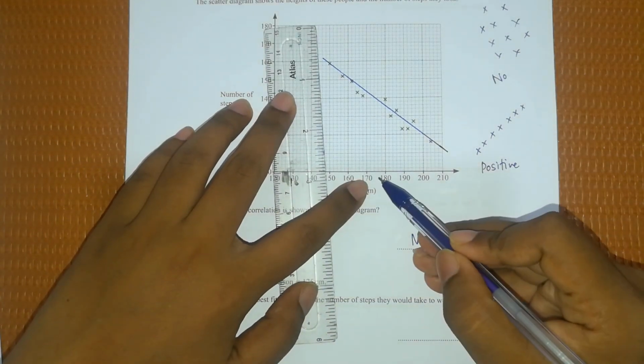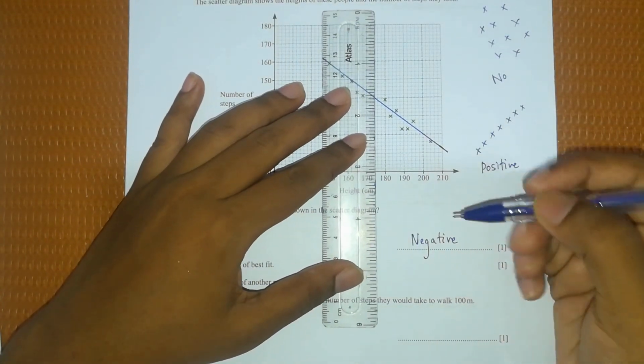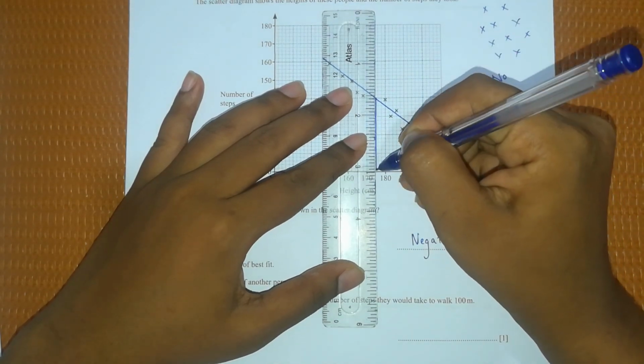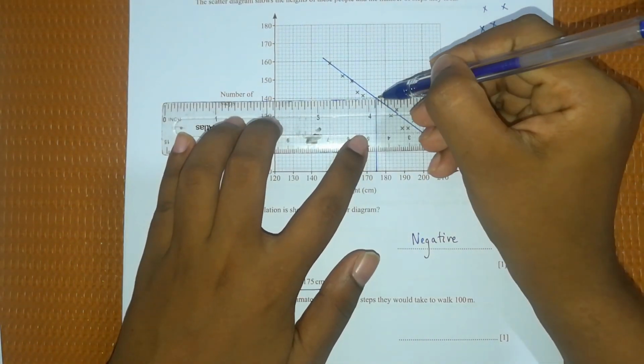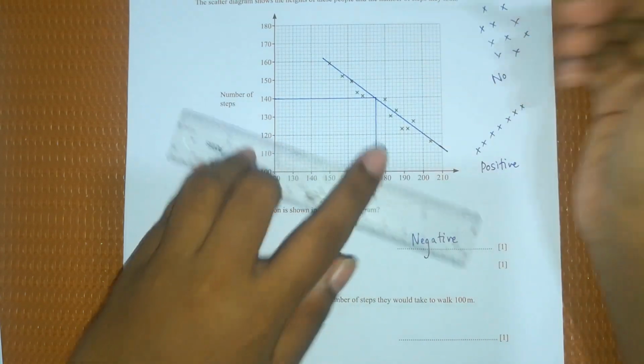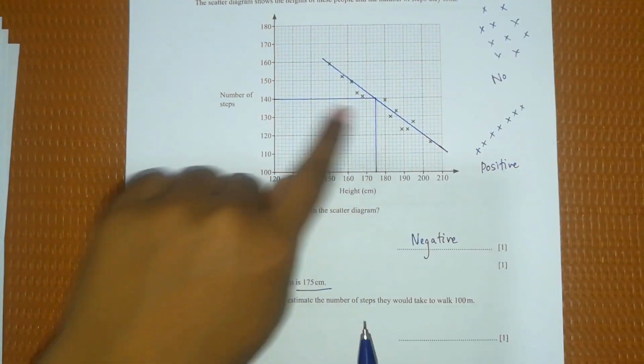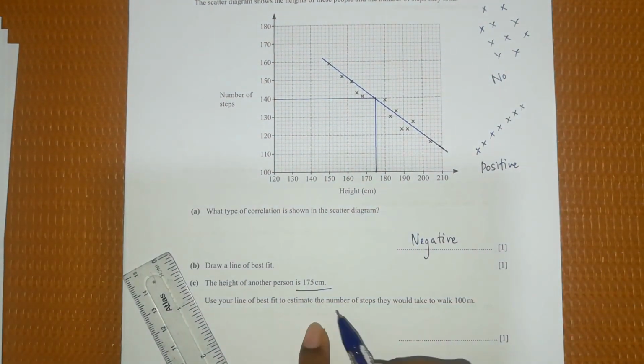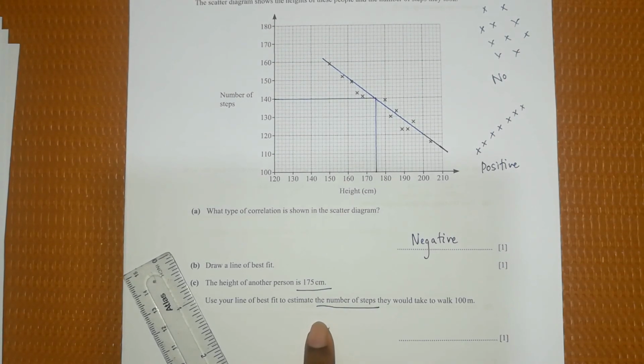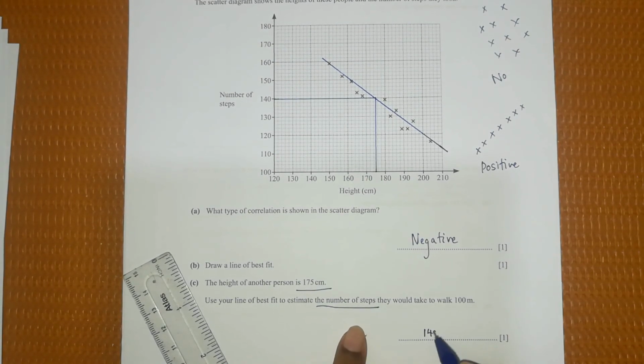So 175 is over here. You have to draw the line, then you have to consider the height. Now they ask how many steps there are. That will be 140 steps.